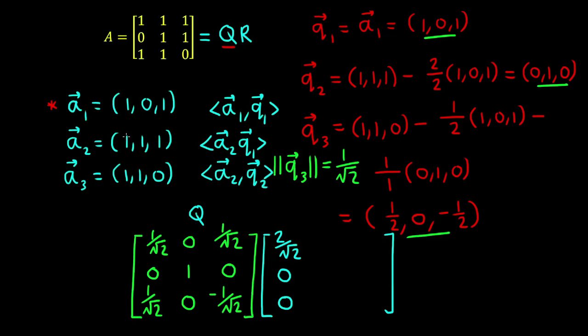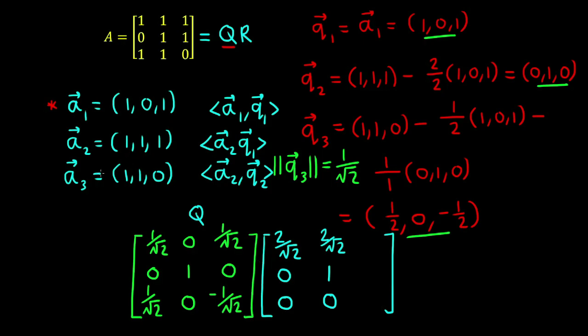The inner product between A2 and Q1 is 1 on root 2 plus 0 plus 1 on root 2, which is also 2 on root 2. And between A2 and Q2, we have 0 plus 1 plus 0, which is 1. And below the diagonal, we have 0.